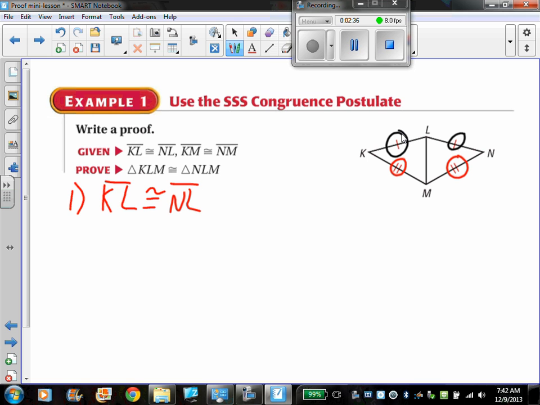Why? Don't really have a theorem to use for this one. We can just say that KL is congruent to NL because this info was given to us.